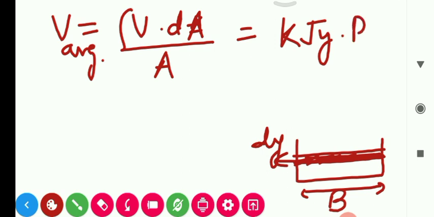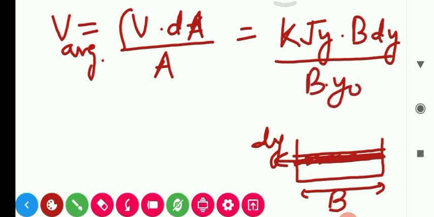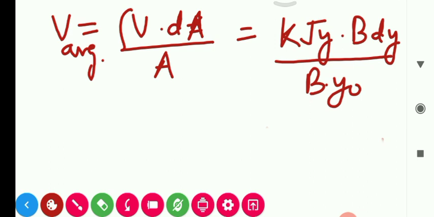The area is b into y naught, where y naught is the flow depth, and the integration is from 0 to y naught.